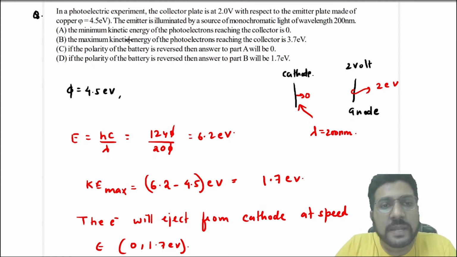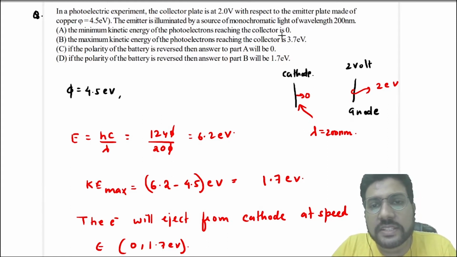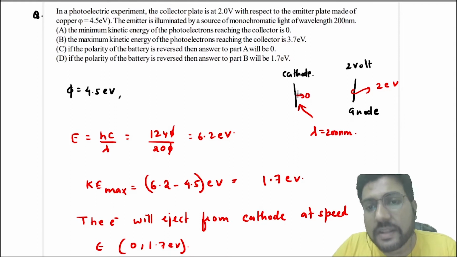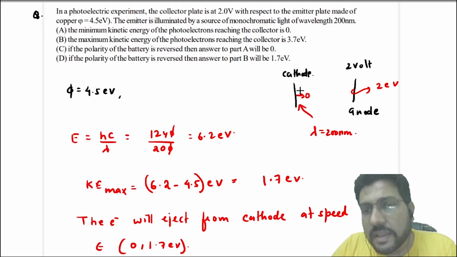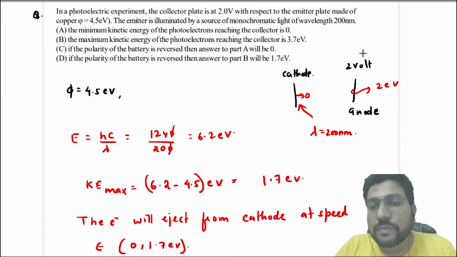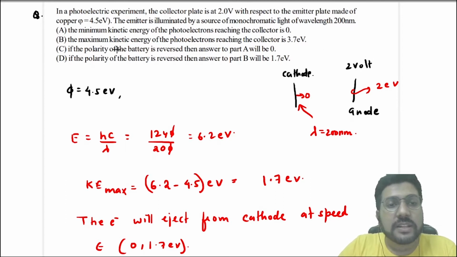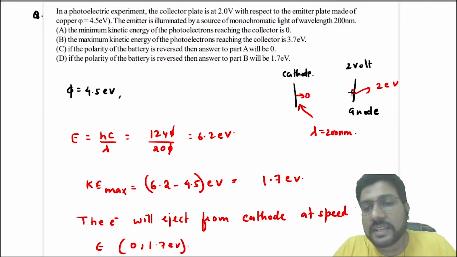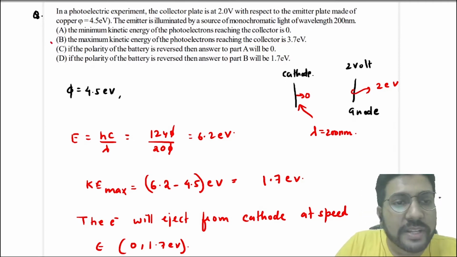So the statement that the minimum kinetic energy of the photoelectrons reaching the collector is 0 is wrong, because it can be emitted with 0 kinetic energy, but when it reaches here, it will gain a kinetic energy of 2 electron volt because of this accelerating potential. The maximum kinetic energy of the photoelectrons reaching the collector plate: 2 electron volt it will gain, and it already had 1.7 at maximum. So the maximum kinetic energy is 3.7 electron volt, and that is correct.